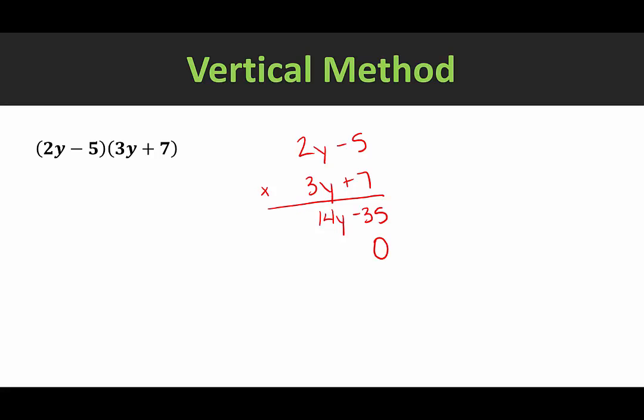Move over a column, so put my plus 0. 3y times negative 5 is negative 15y. 3y times 2y is 6y squared. Now add the two rows together. 6y squared. 14 minus 15 is negative 1y. And then negative 35. How did you do? If you made a mistake, did you see why?